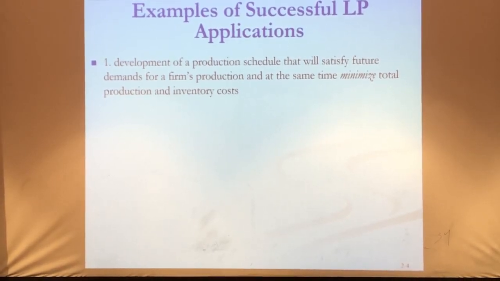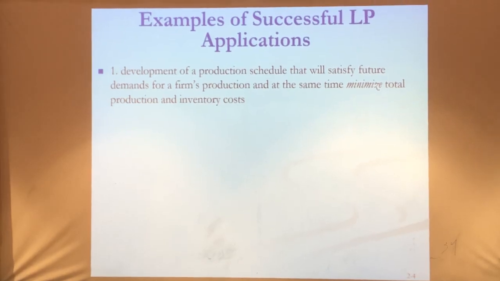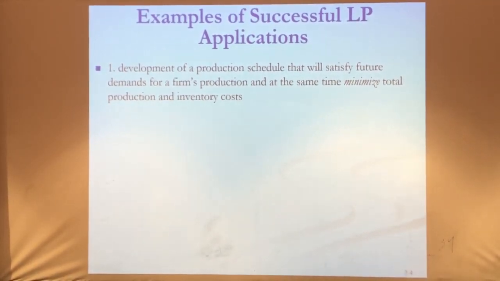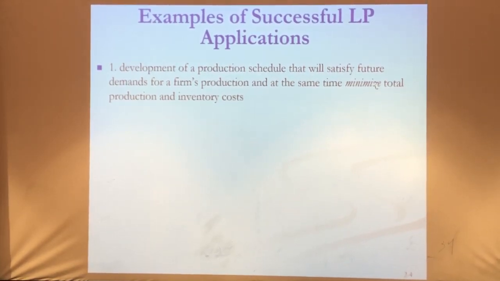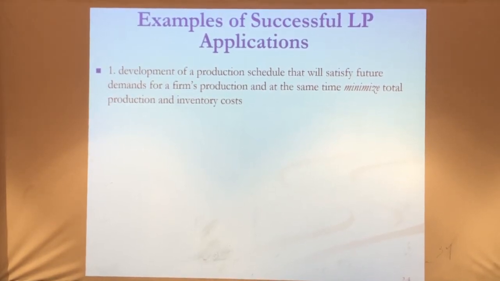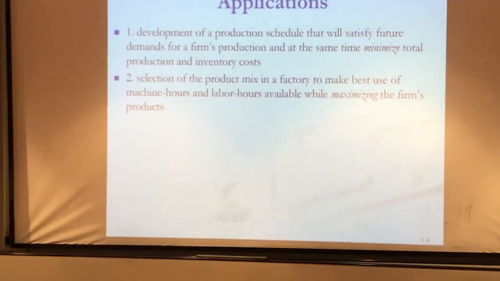So we will see the product mix problems in the first examples, where you have a choice of using this much or that much of a product to minimize the total cost or maximize the total profit. So this is one of the main applications.